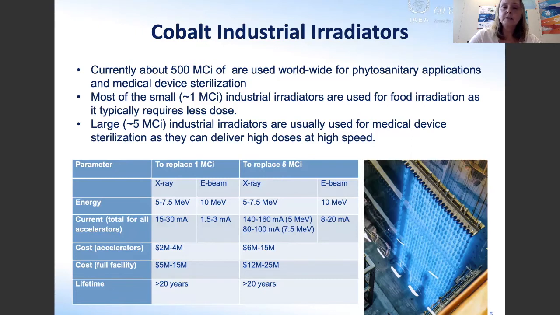Anyway, it is obviously much more complicated and much more costly to replace higher activity sources compared to the lower one. The machines are more expensive and more complicated. The facility is much more complicated and expensive as well.